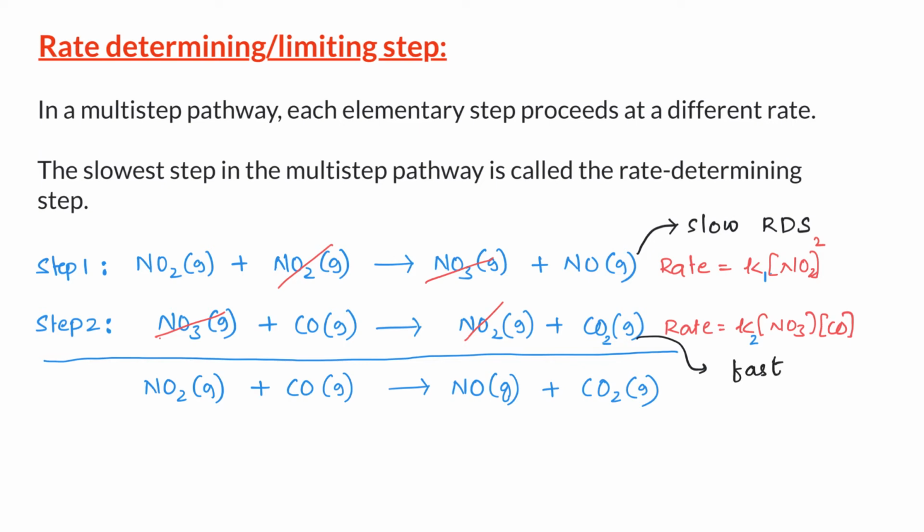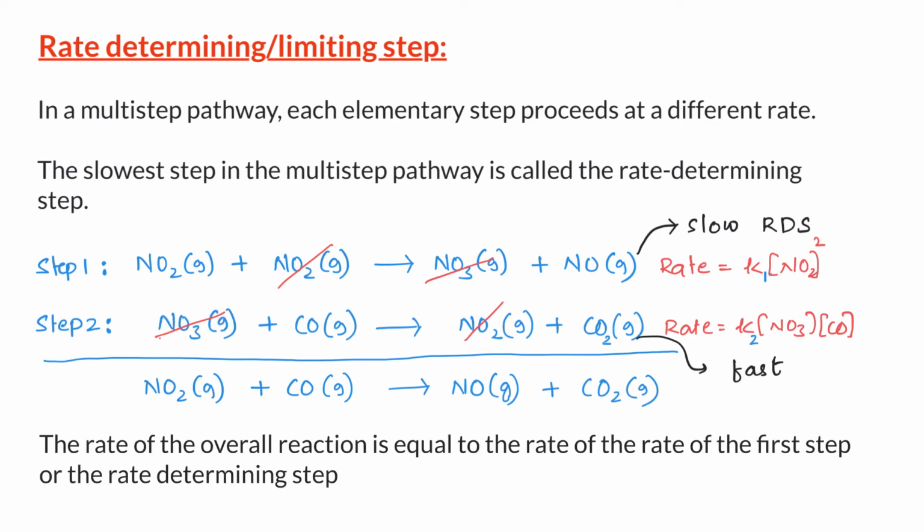What it means is that the rate of formation of NO3 is slower than the rate at which it is consumed in the second reaction. In other words, as soon as NO3 is formed by step 1, it is completely consumed in step 2.